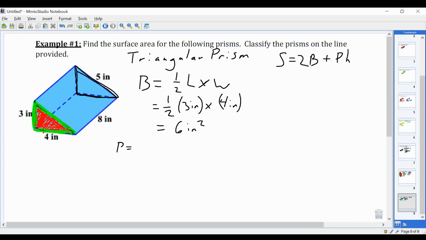Well, to find it, we're going to have to use Pythagorean theorem. So I'm going to jump to a new slide, and then I'll come back to this one to find Pythagorean theorem.